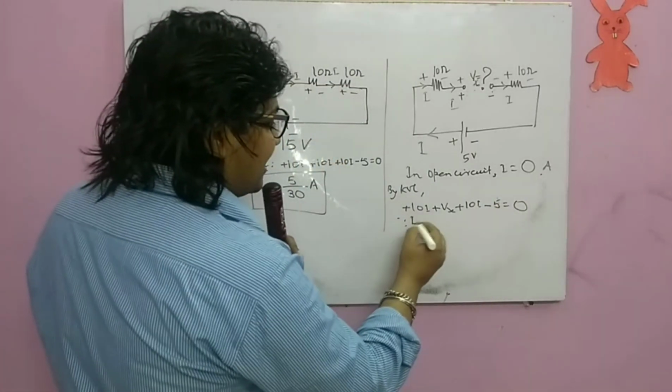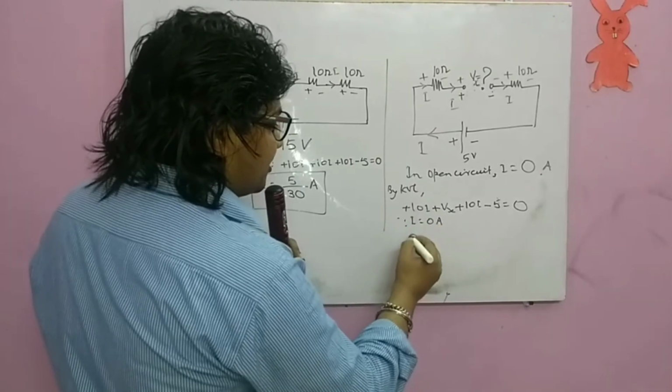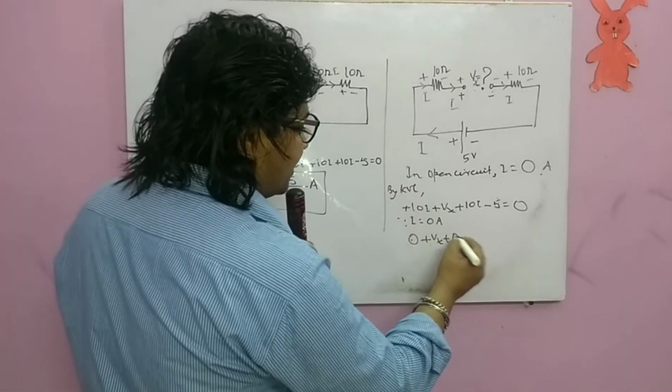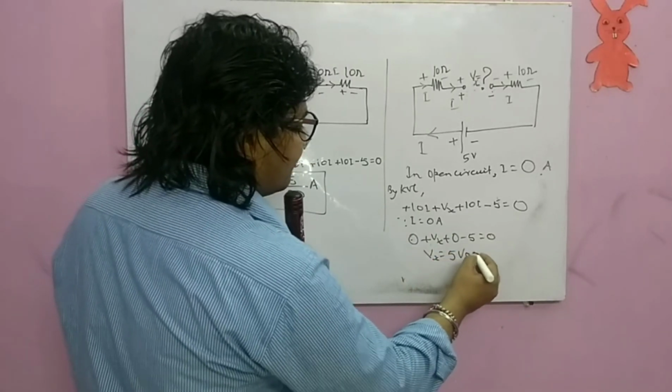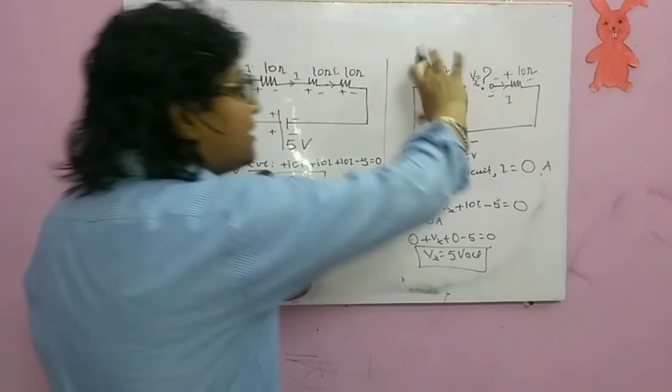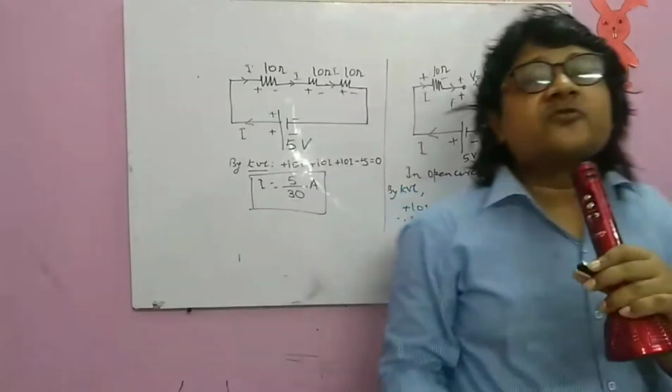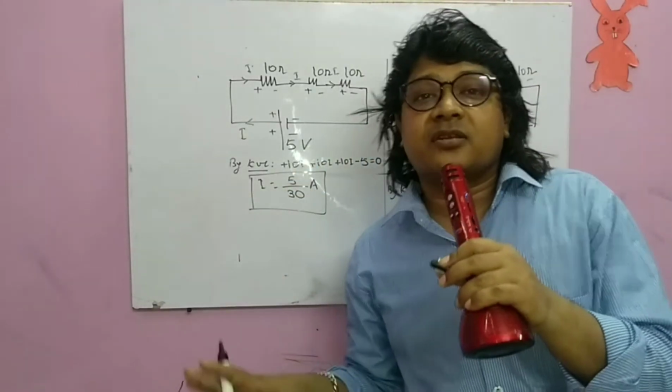Since I is equal to 0 ampere, this is 0 plus Vx plus 0 minus 5 equal to 0. So Vx is equal to 5 volt. So the voltage across the open circuited terminal is 5 volt. This was the correct answer, 5 volt.